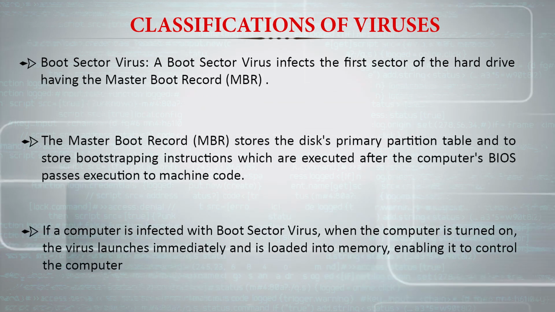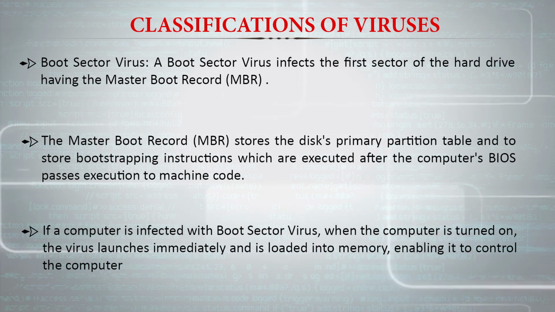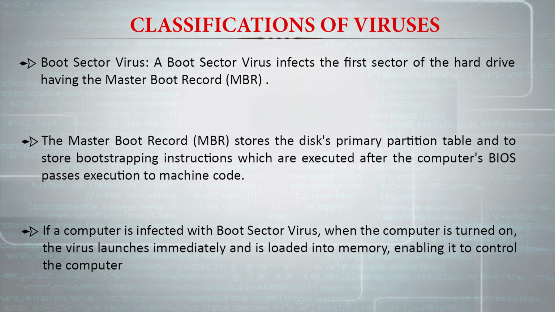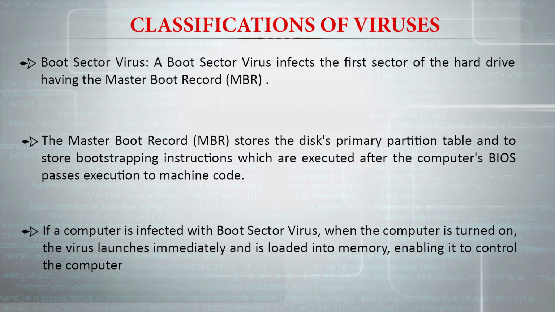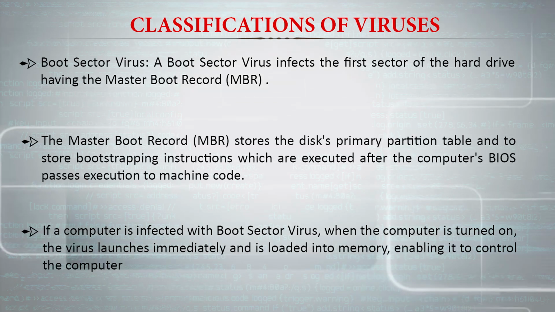If a computer is infected with a boot sector virus, when the computer is turned on, the virus launches immediately and is loaded into memory, enabling it to control the computer.